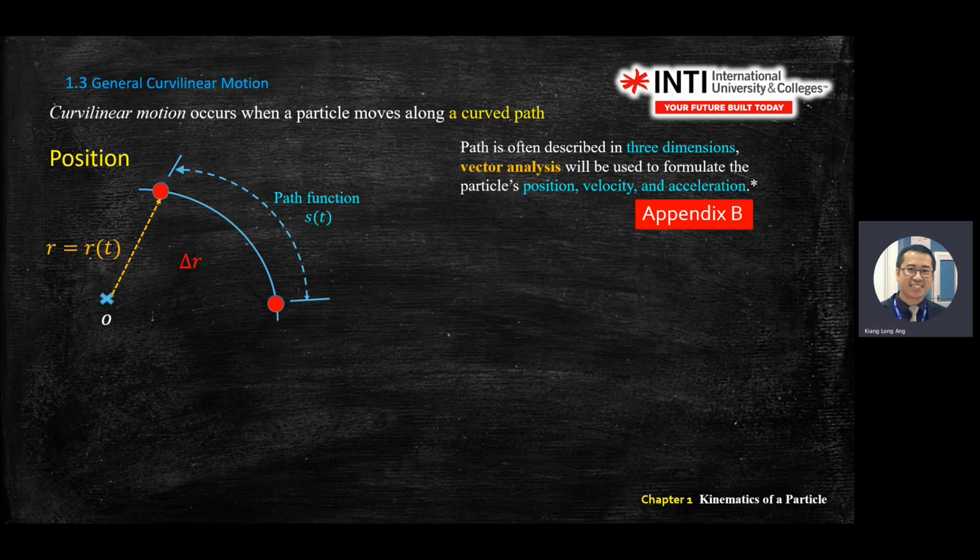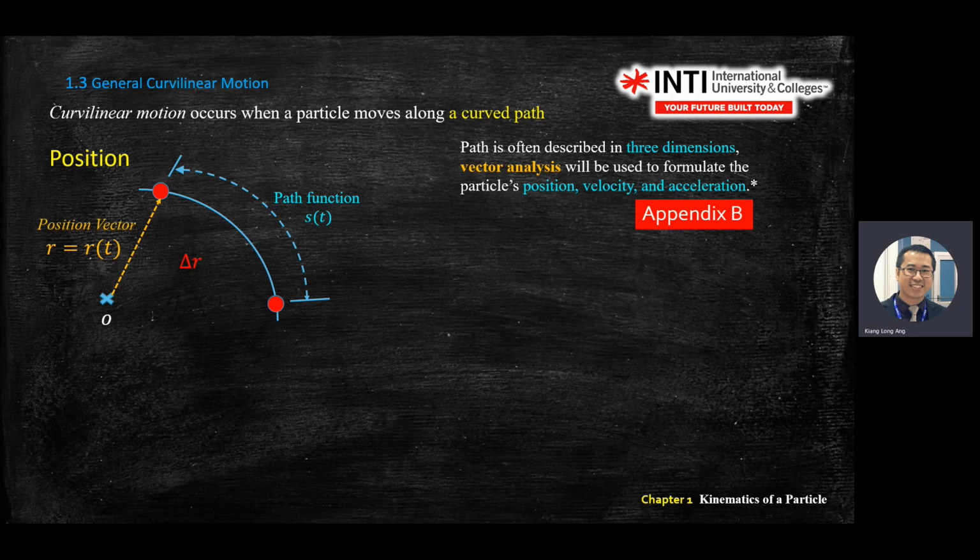So when you do position, positive and negative, be careful and don't put the wrong side. Your r equals r(t) also because it changes with time. We note our initial position 0 as the center of the curve.